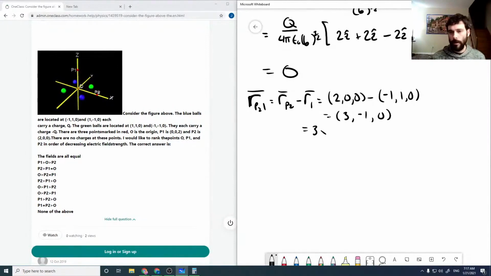So 3 x hat minus 1 y hat. And the magnitude of this is then the square root of 3 squared plus 1 squared, which is the square root of 10.